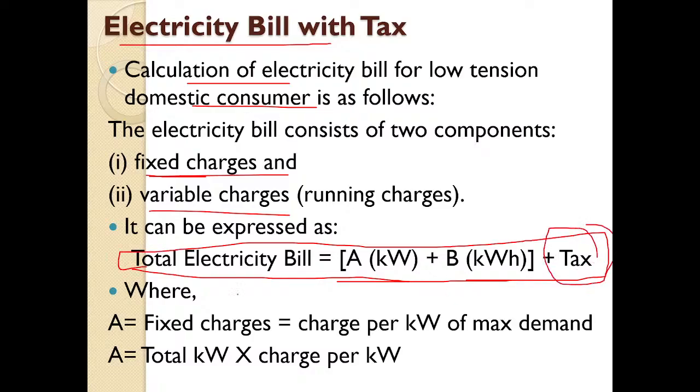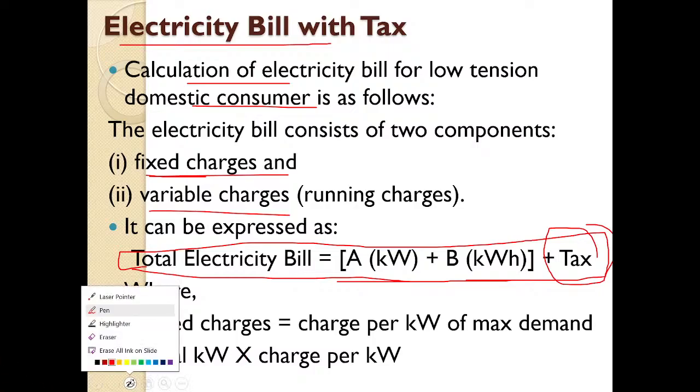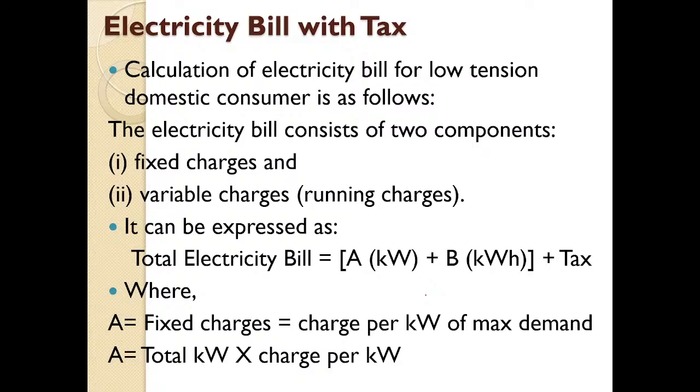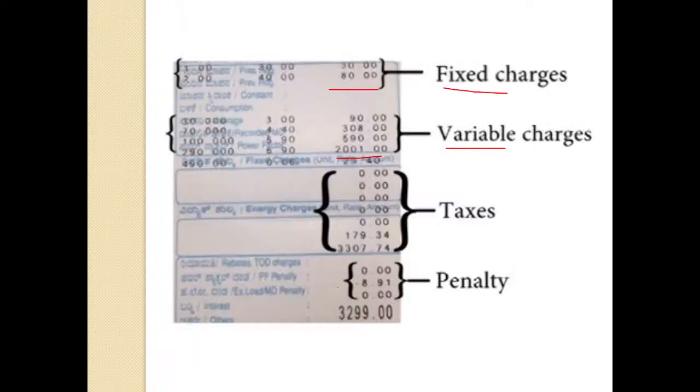A is in kilowatts, B is in kilowatt hour, but there is an extra tax term. Tax rate will differ. You can see in this bill that tax is mentioned here, and even penalties if the electricity bill is not paid on time.